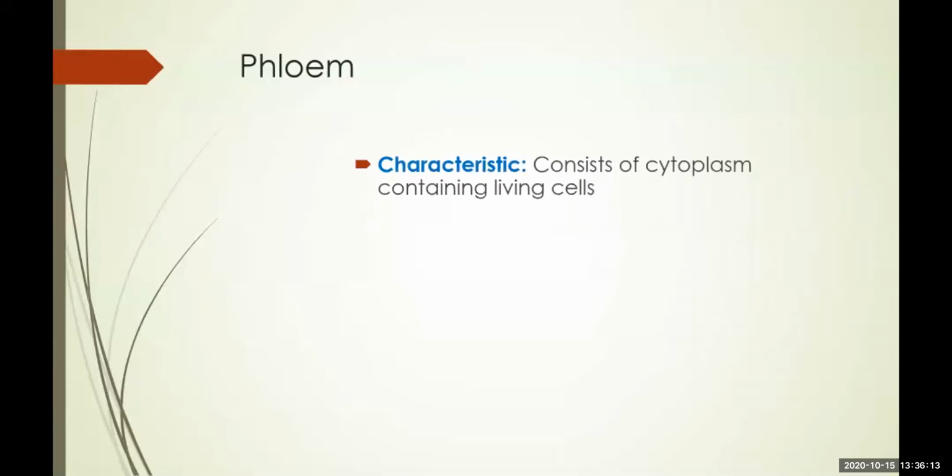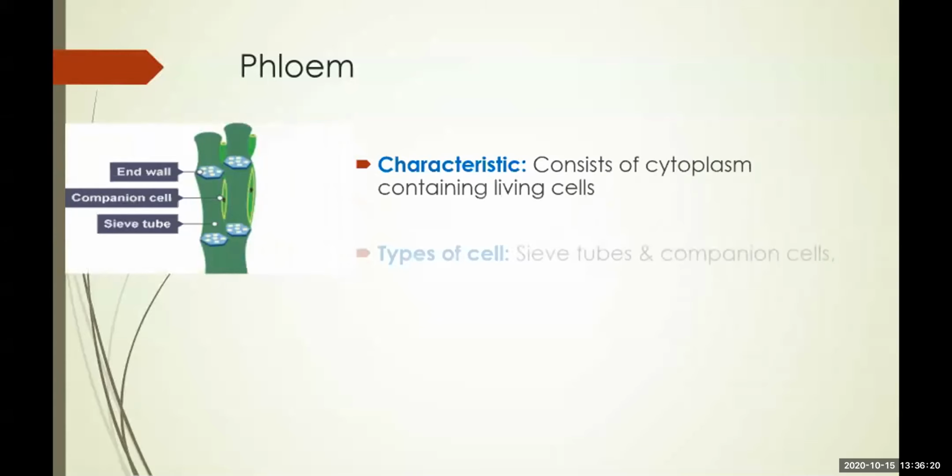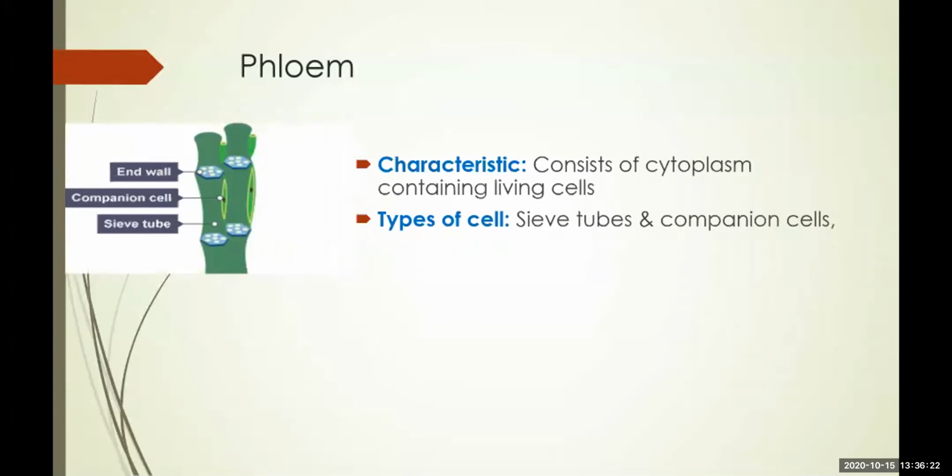Next permanent tissue is phloem. Now let us study the structure of phloem. It consists of cytoplasm containing living cells. Main cell types are sieve tubes and companion cells. See, these are the sieve tubes. These are the end walls. Sieve means net, a mesh-like structure.